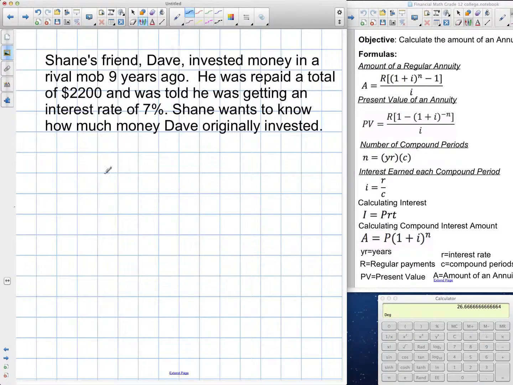And it says that the total amount of money he was repaid, which is our A, was $2,200. Now we know our total amount is actually the principal plus the amount of interest he made. Problem is here, principal unknown, and we actually don't know what the amount of interest he made was. We do know the interest rate, and we do know how long ago this happened.